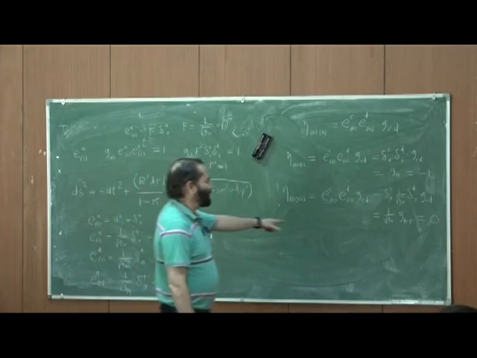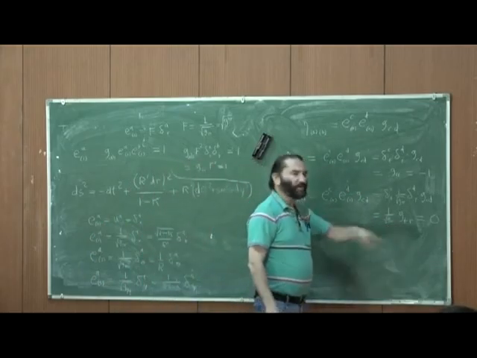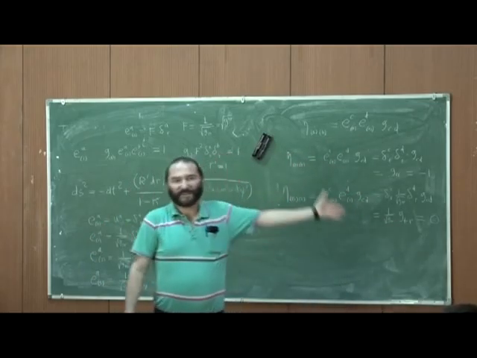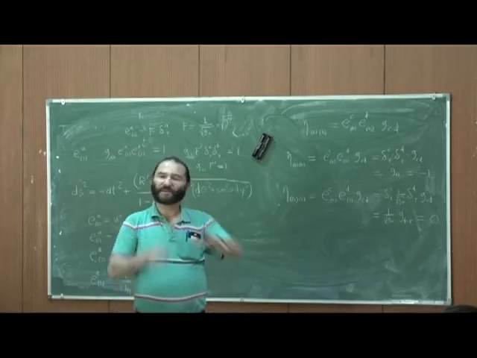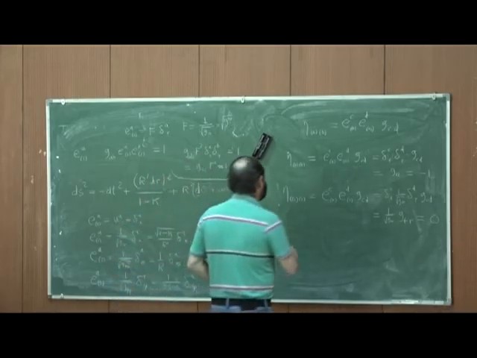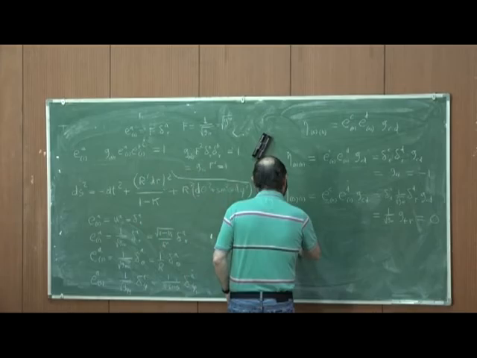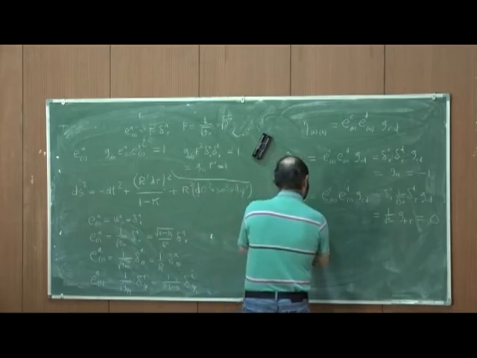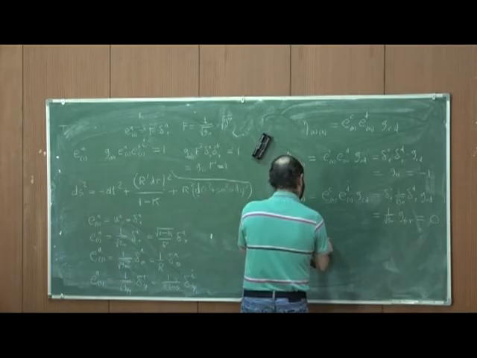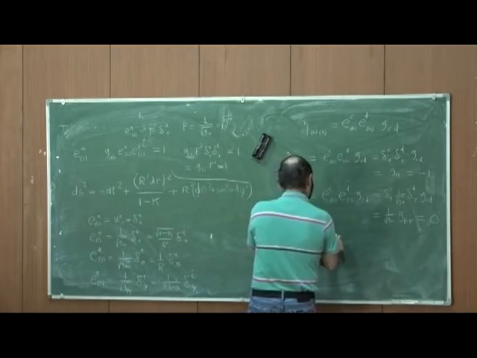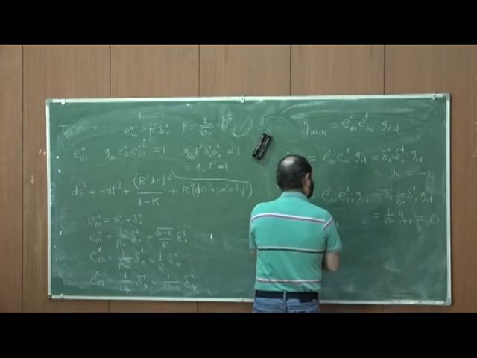You see? Because the metric has no component TR. So this is 0. Now let's do it for the 1, 1. Okay.